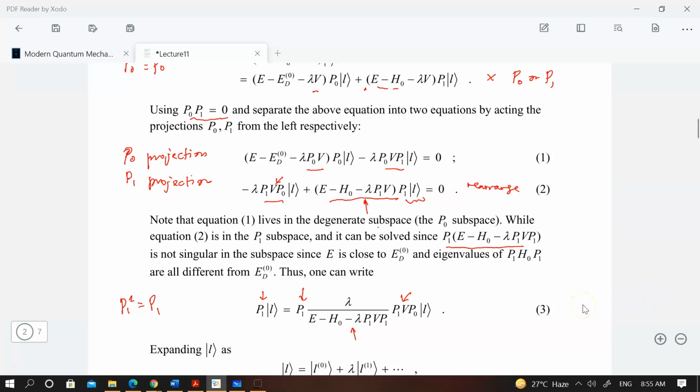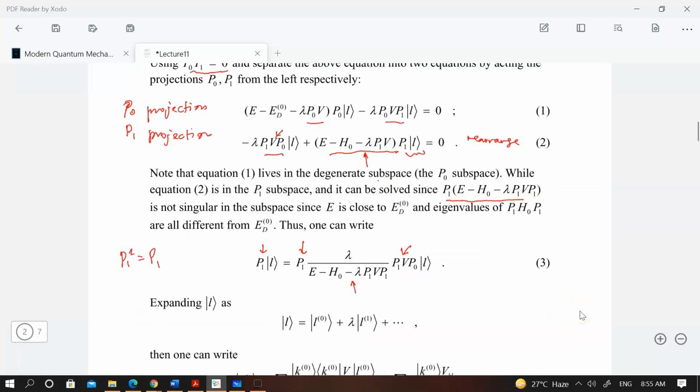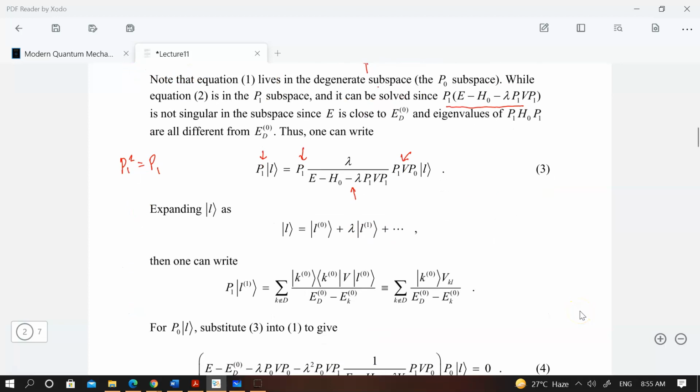And then you start again expanding your perturbed state with respect to the perturbing parameter in this way.